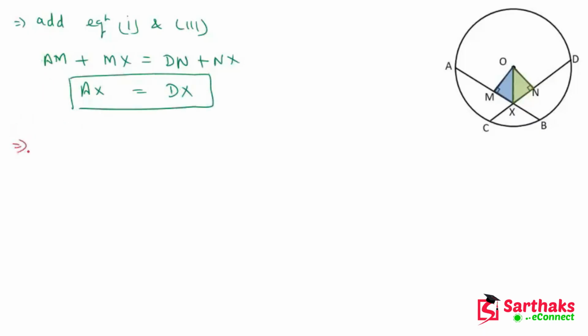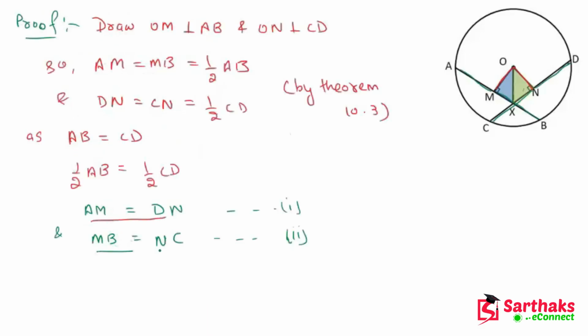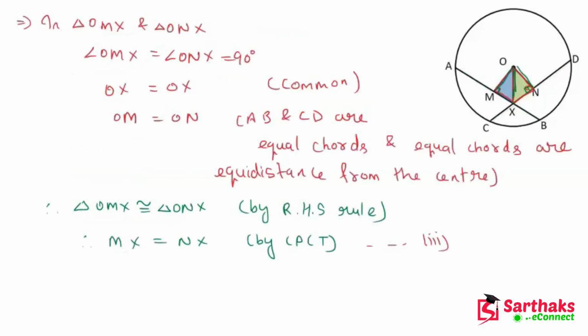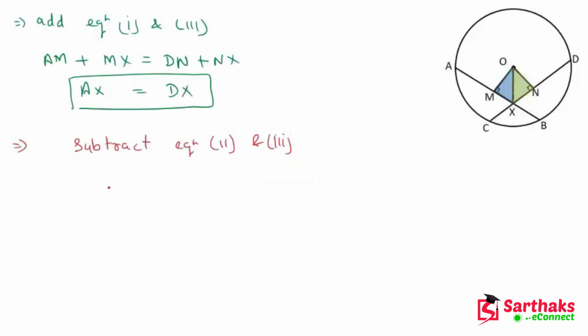Now, my dear friends, subtract equation 3 from equation 2, meaning equation 2, MB is equal to NC, and equation 3, MX is equal to NX. So we get MB minus MX is equal to CN minus NX.